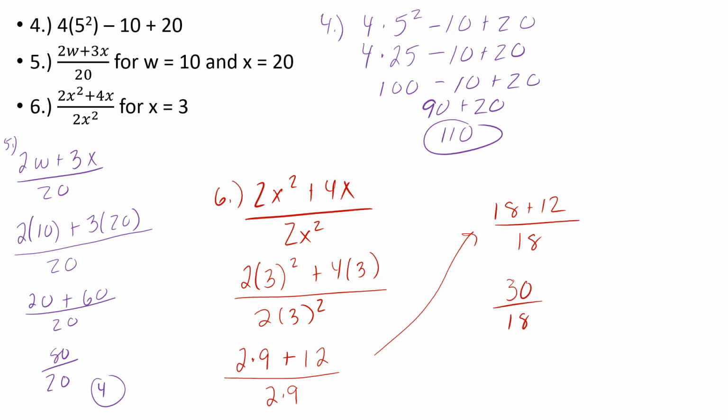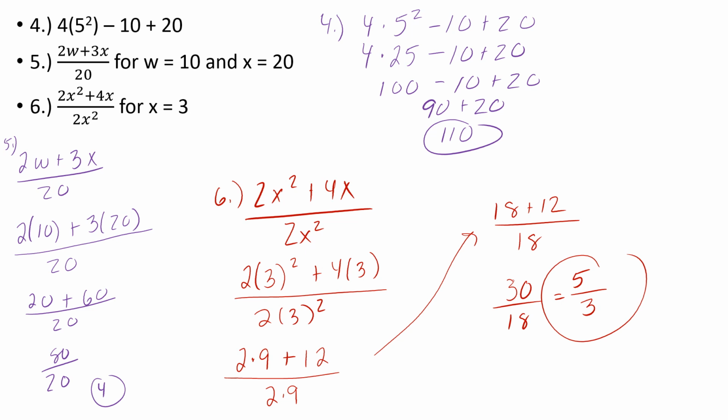And then we can either simplify this or grab a calculator and divide it out. We'll go ahead and simplify this. They are both divisible by 6. So 30 divided by 6 is 5, and 18 divided by 6 is 3. And so that simplifies to 5/3.